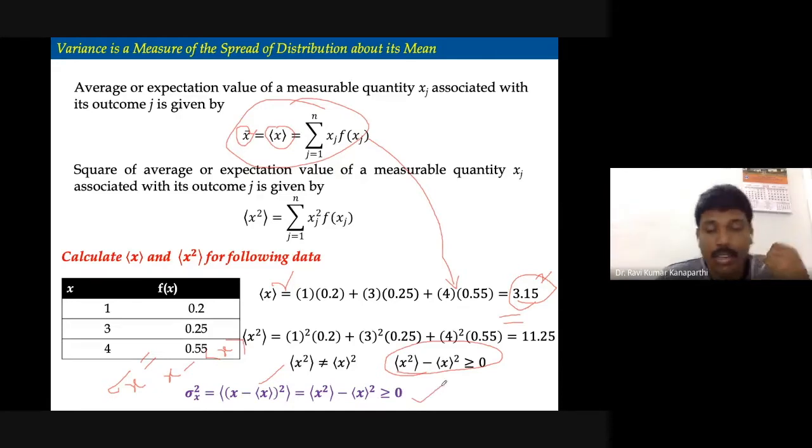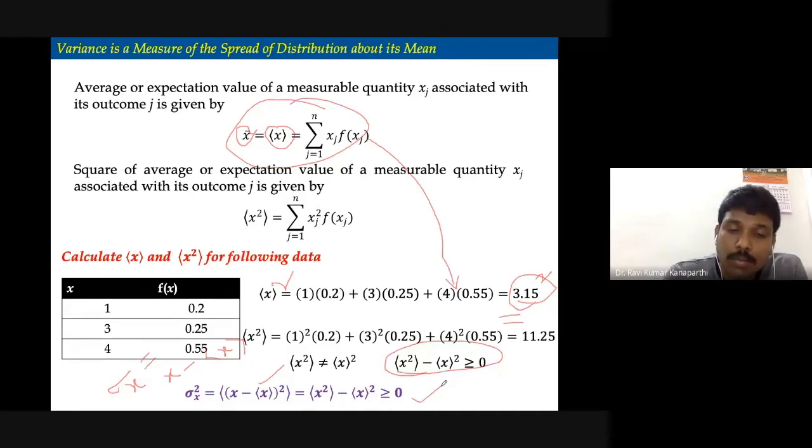This is true for any type of measurement: the expectation value of x square minus the square of the expectation value is always greater than or equal to 0. This theorem proof is available in most textbooks, please go through it.